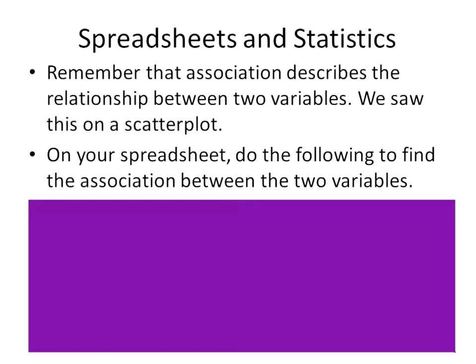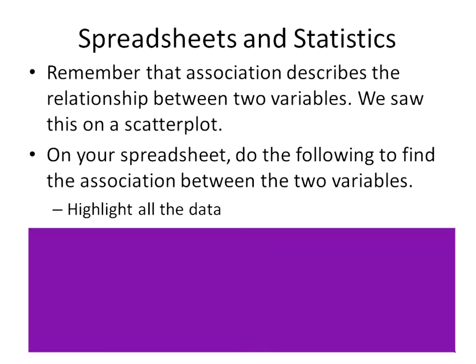Okay. So here's what you're going to do. You're going to highlight all the data, not the words, but the data. Remember from last time, you click on the number in the very upper left-hand corner. And you can go down and click on the one, hold the shift key, click on the bottom one, and the other one. There's a couple ways to do it.